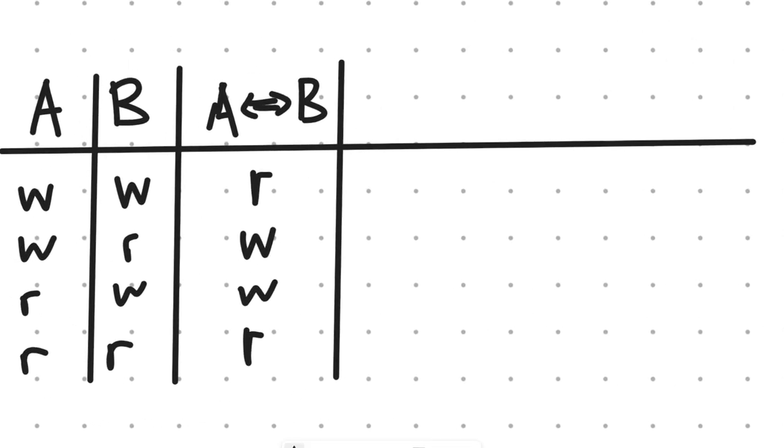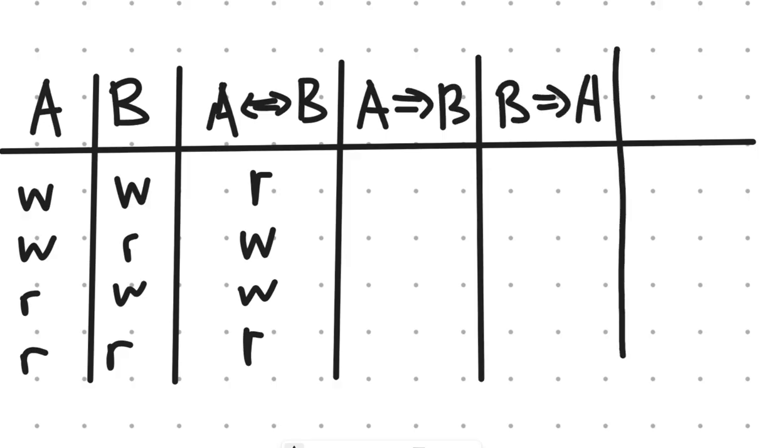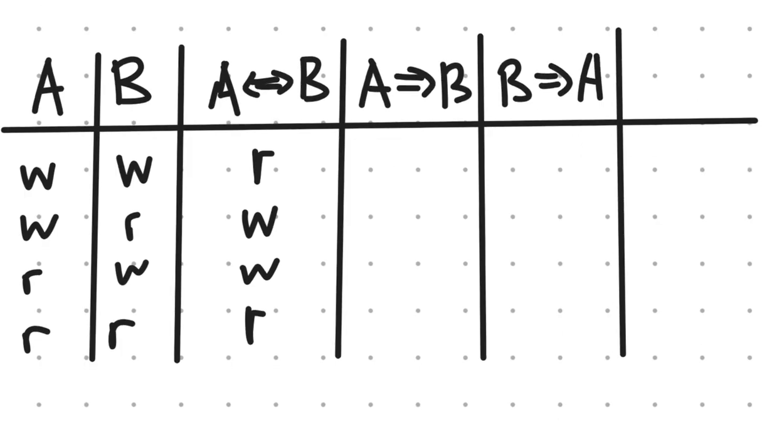Okay, now we want to imply A implies B and B implies A, so that we can finally say A equivalent to B. So what is A implies B? A can be something wrong or right.